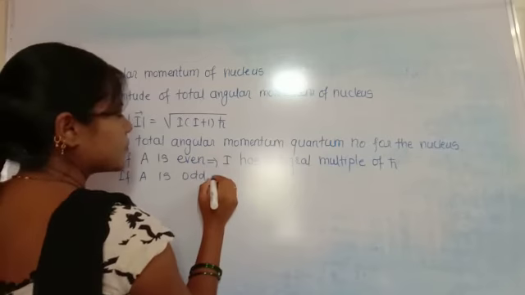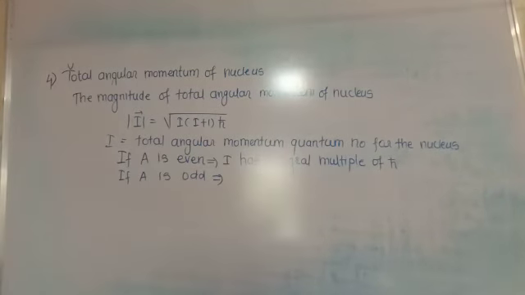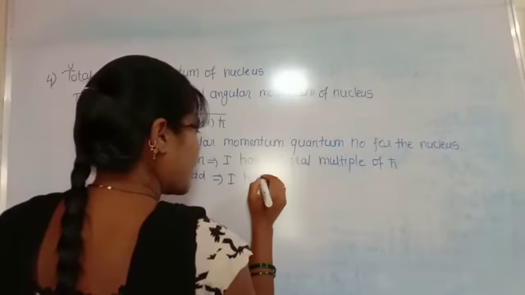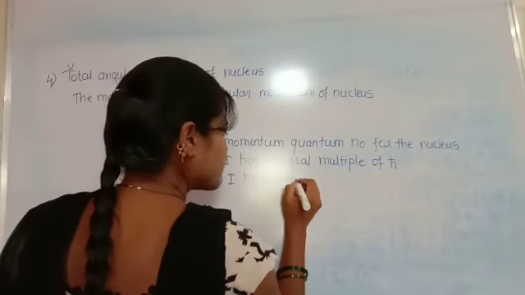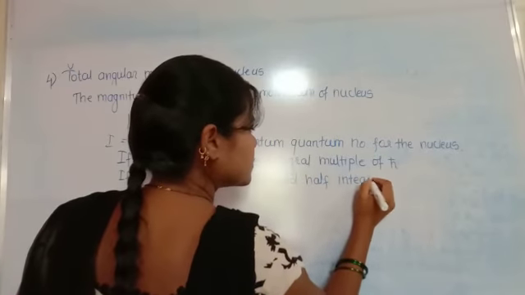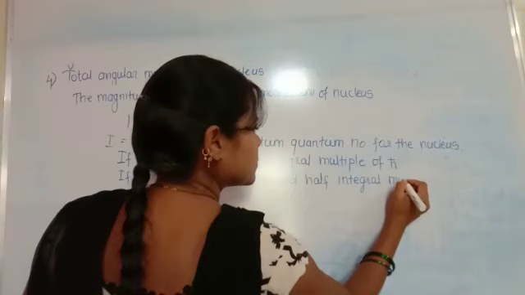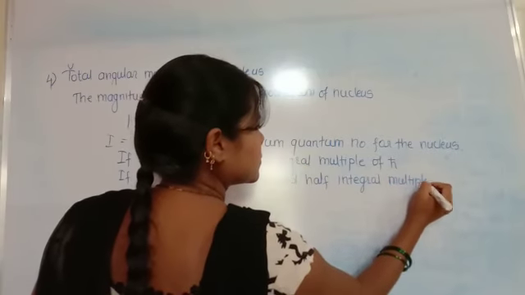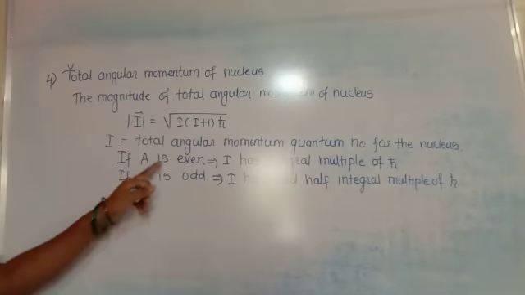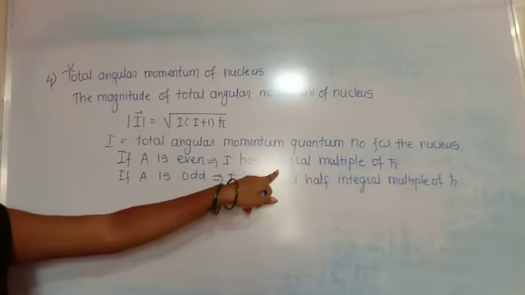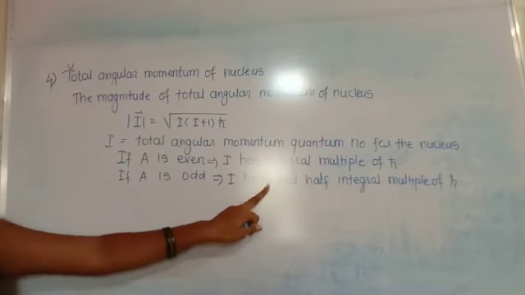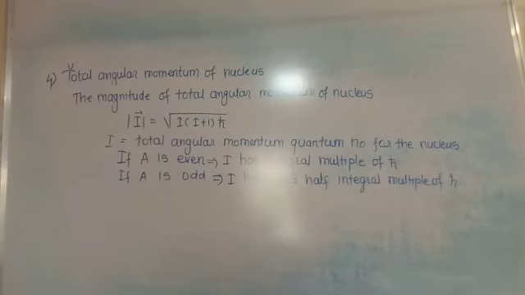then I has an odd half integral multiple of h cross. So these are the two facts: if A is even, I has the value integral multiple of h cross, and if A is odd, then I has the value odd half integral multiple of h cross.